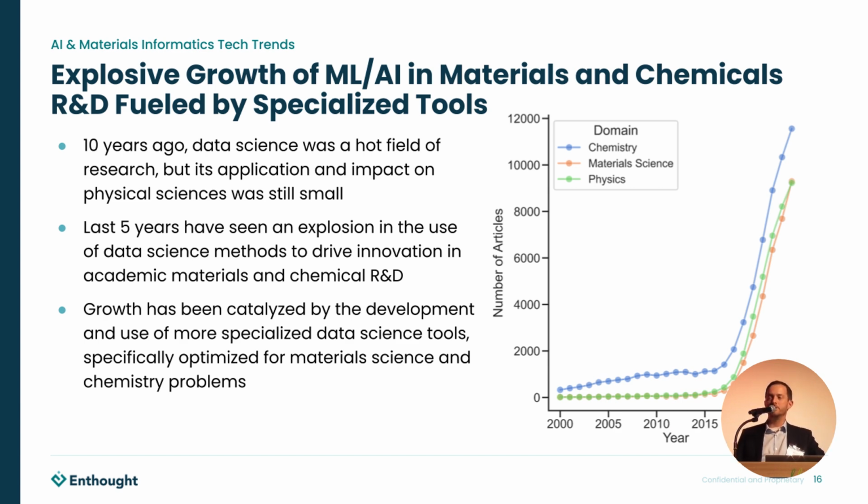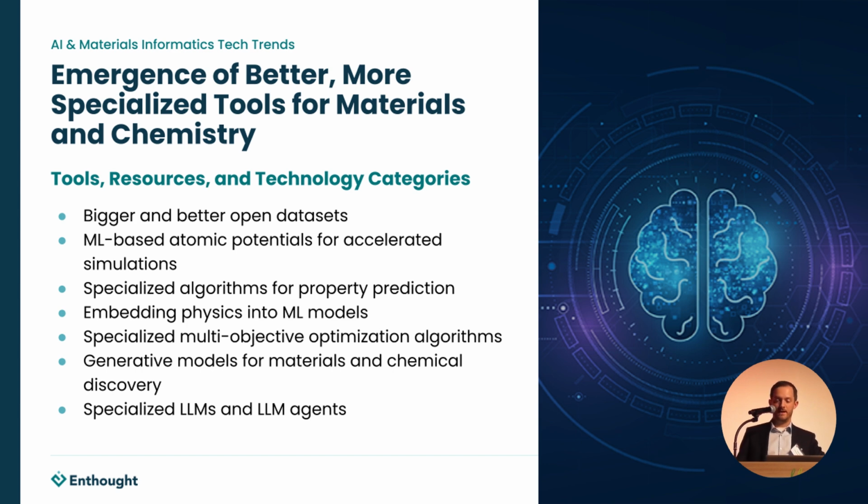And you can see the last 2 to 3 years has seen an explosion of activity catalyzed largely by the development and use of more specialized data science tools that are specifically optimized for material science and chemistry problems. And this trend continues to this day.